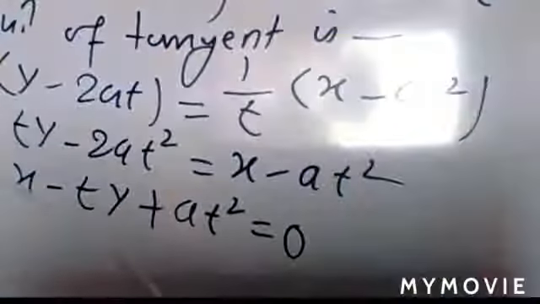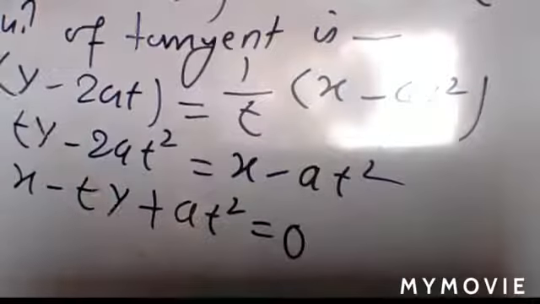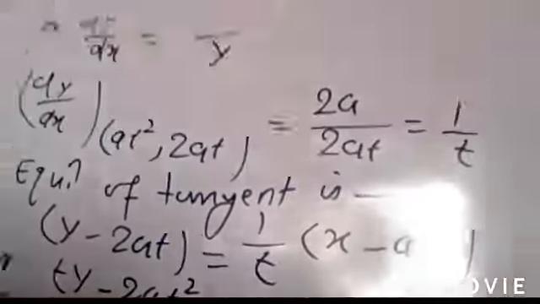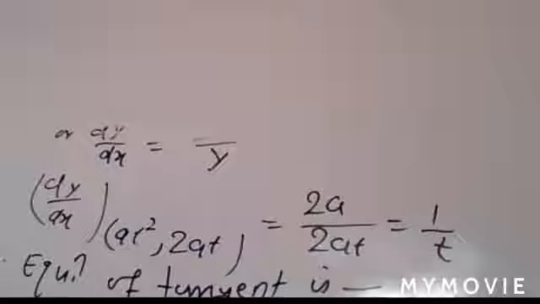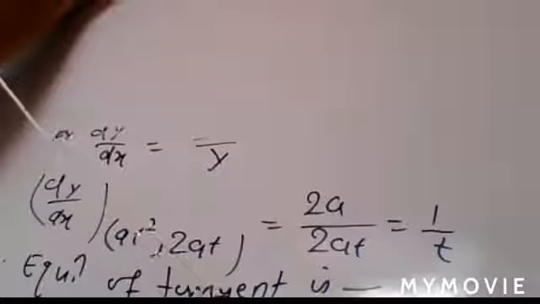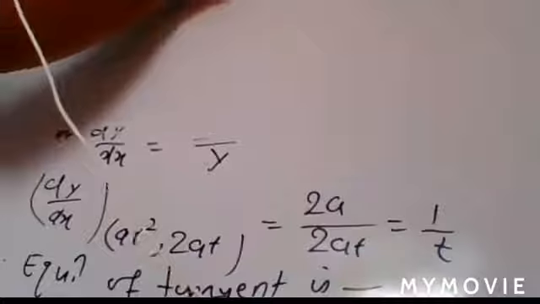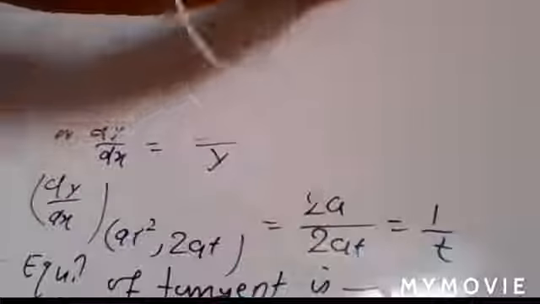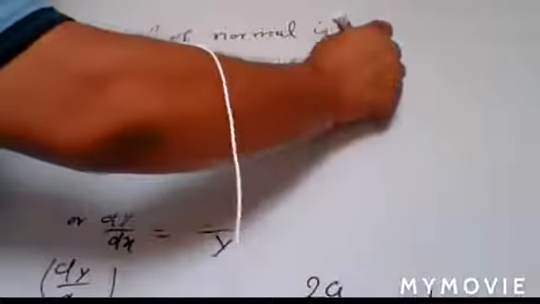So you write the equation of normal. So you have y minus y1, which is 2at, is equal to, here slope of normal is minus t, into x minus x1, which is at square.